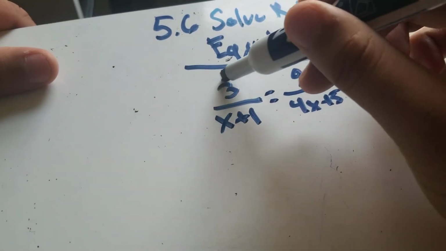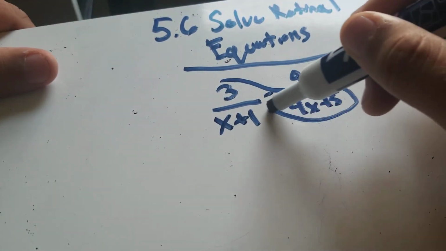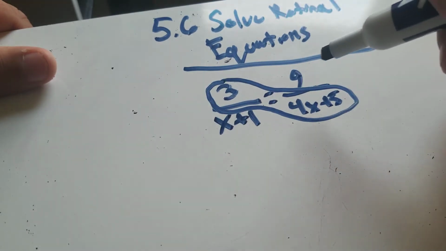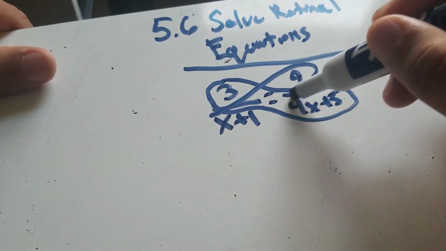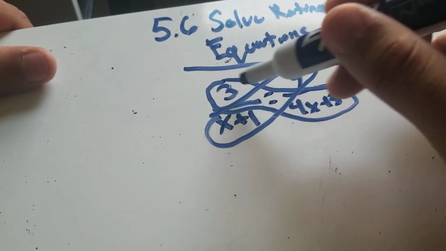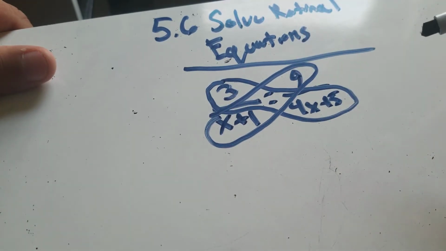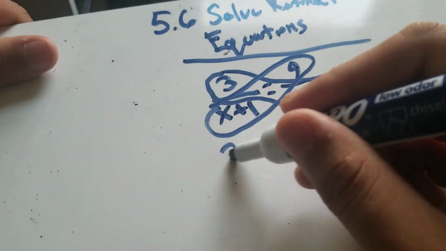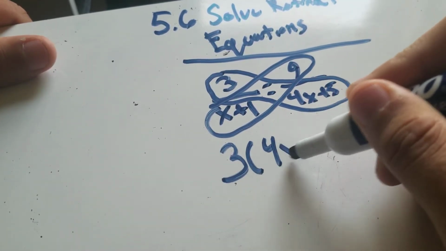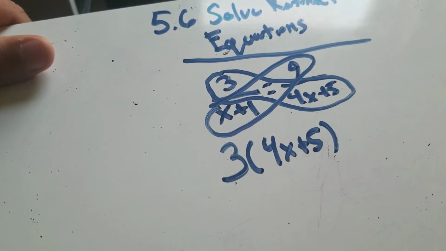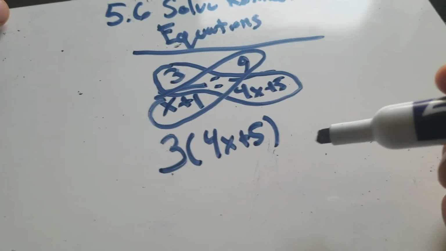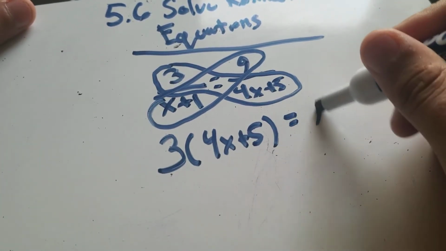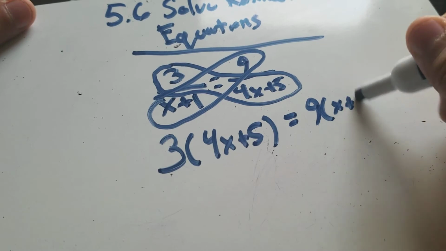That means I'm going to do 3 times 4x plus 5 and 9 times x plus 1. I'm going to multiply diagonally. So 3 times 4x plus 5, and I recommend writing it out first, equals 9 times x plus 1.